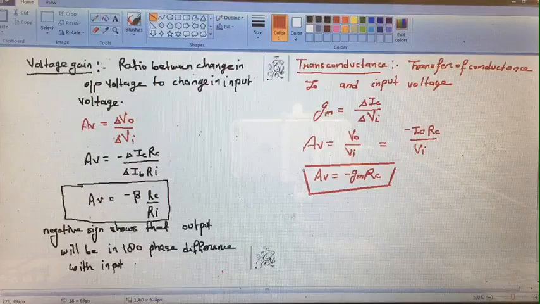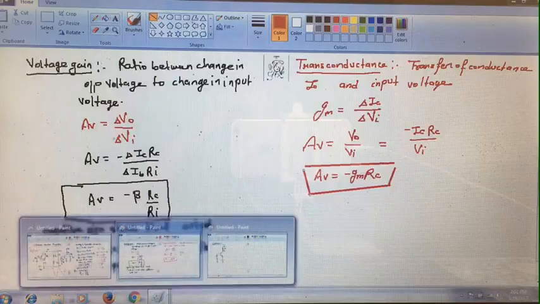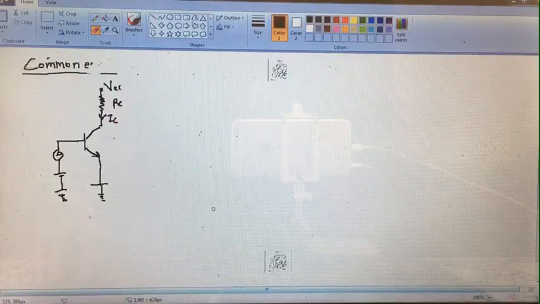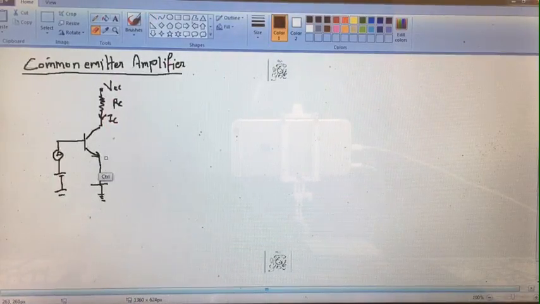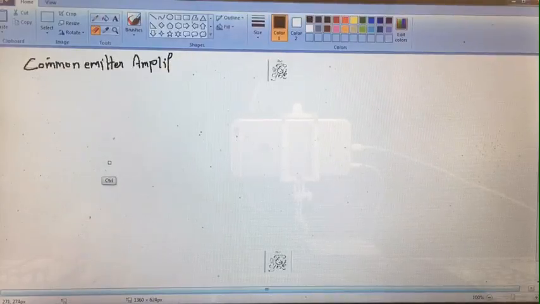Now we have discussed about the current gain, voltage gain, and voltage gain in the term of current gain and also in the term of transconductance. Now our next point is to discuss about the power gain of this common emitter amplifier.